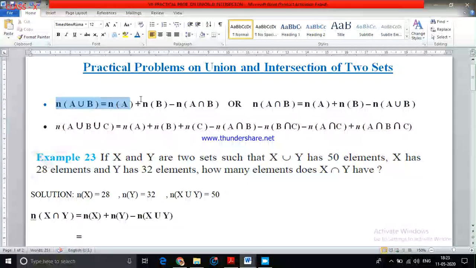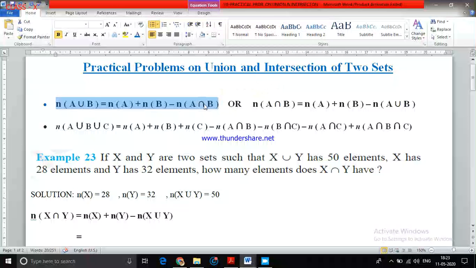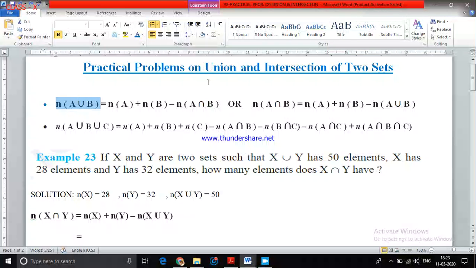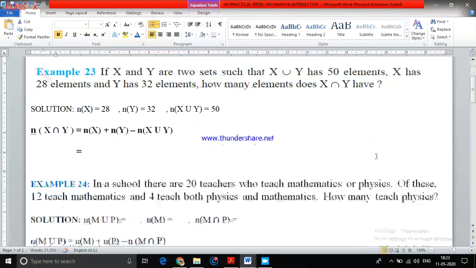What I have done is, we already discussed this formula. You take this n of A intersection B to the left hand side and n of A union B to the right hand side. You will get the same formula, we are just interchanging a few terms, left to right, right to left.